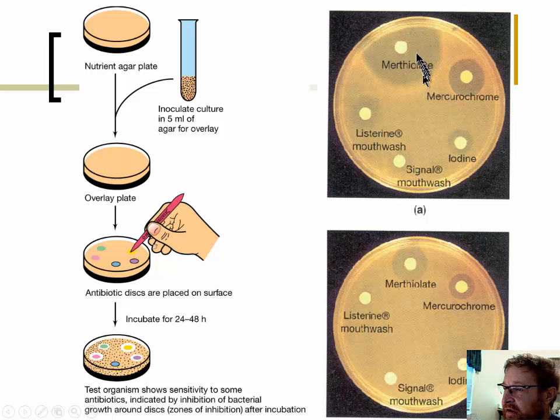Okay, so this compound, or this bacteria, is much more sensitive to this compound. For iodine, here we have a reasonable zone of inhibition, but on the bottom bacteria we have almost none. Okay, so different kinds of mouthwashes will have different effectiveness against different kinds of bacteria. Different compounds will have different effectiveness against different types of bacteria.